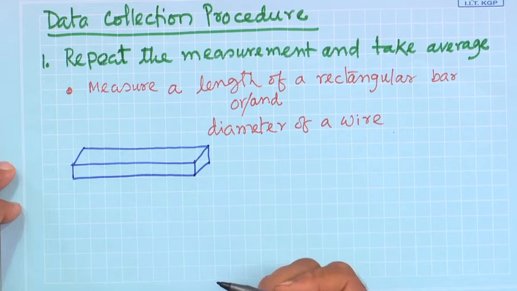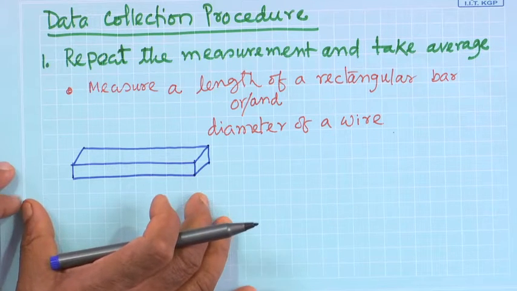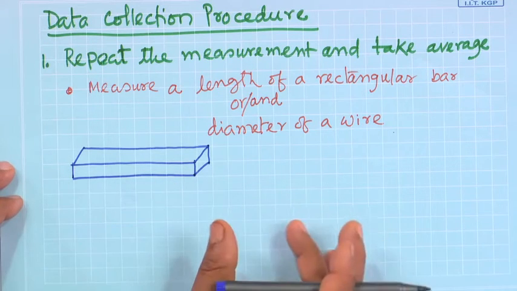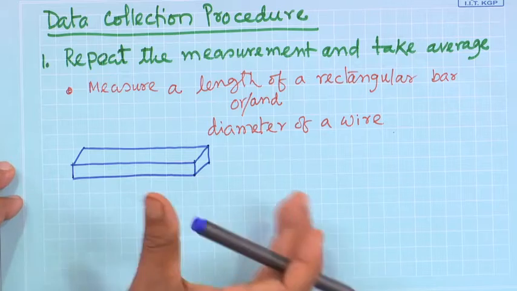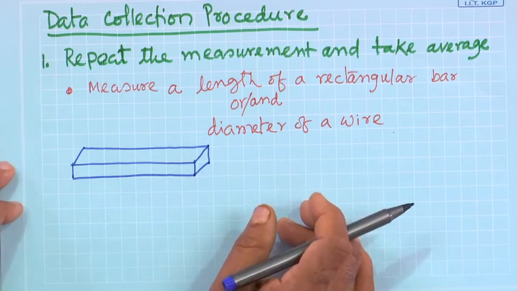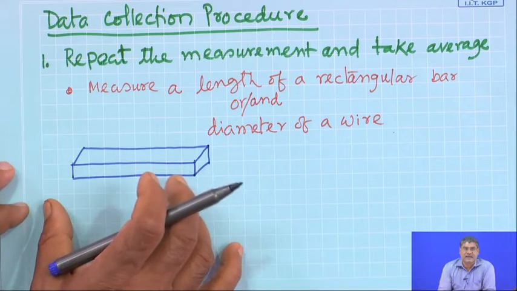So, you are going to measure the length. You take a meter scale, slide calipers or screw gauge depending on the length, but here the length is higher, so you take a meter scale.